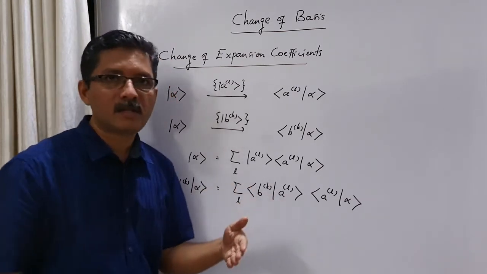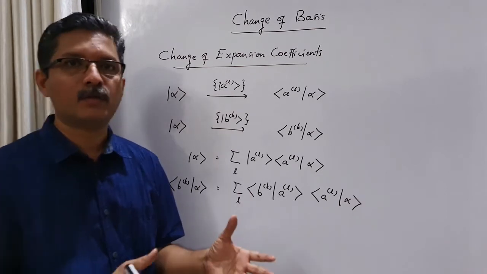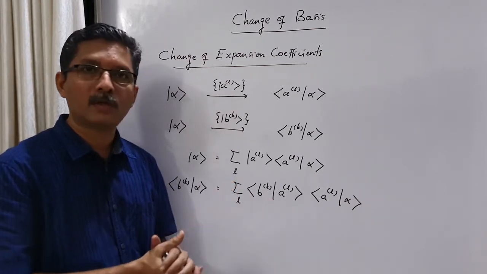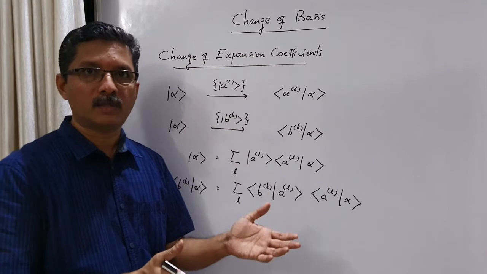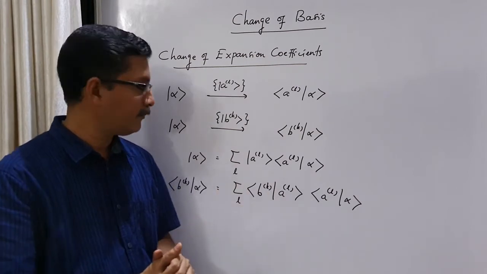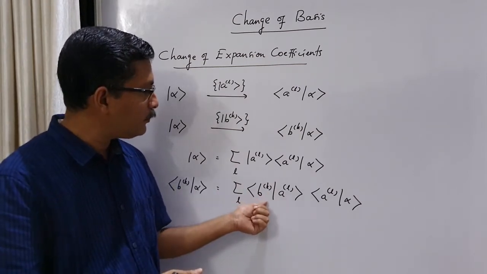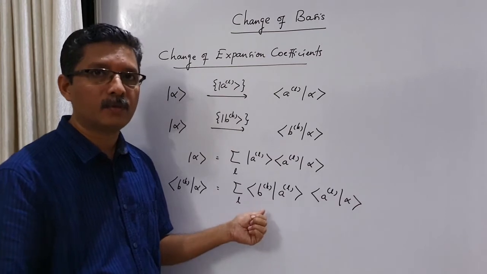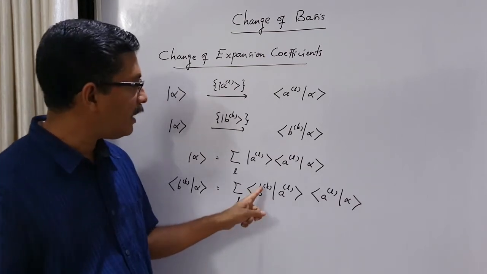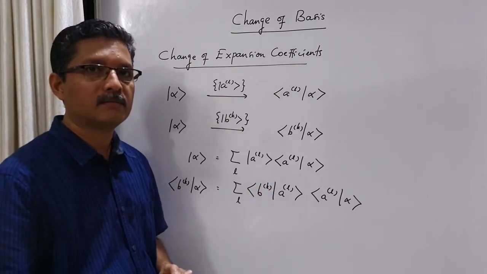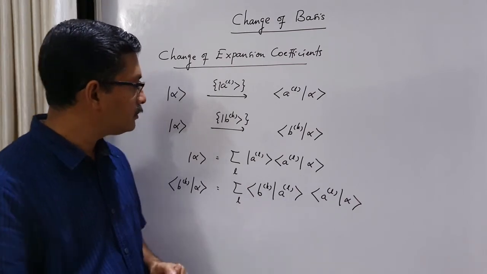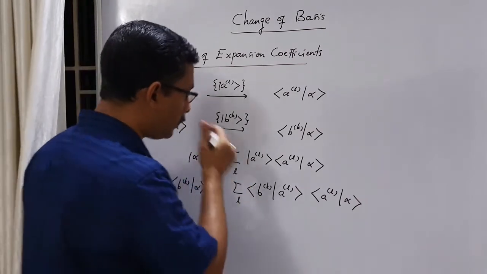In the previous class, we have discussed the matrix element of the unitary operator U as well as U dagger that produces the change of basis. And you can identify this as the matrix element of U dagger. How do we get this?